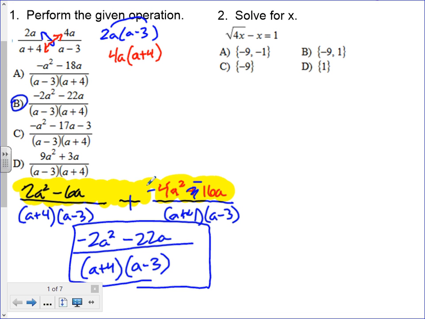Questions on number 1? So I tried to give you a framework there at the beginning of the problem. First, is it multiplication, division, or is it addition, subtraction? Once you answer that, then you move on. This was addition subtraction, so I need to have a common denominator. Can I factor the denominators?